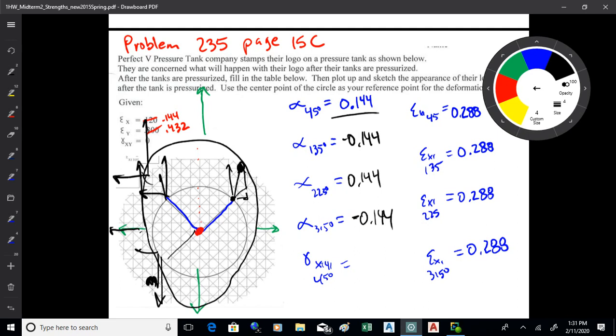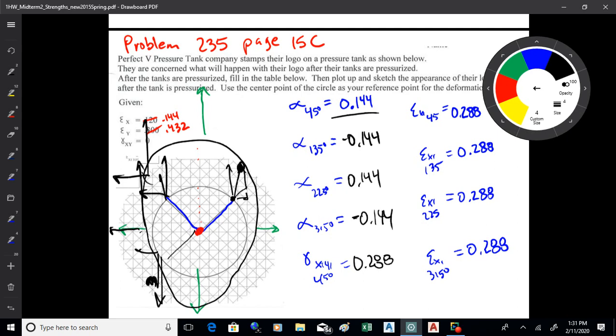All right. Now, how about anybody run the shear strain at 45? Yeah. Okay. Positive, right? Okay. 0.288. So we good with that? Okay.